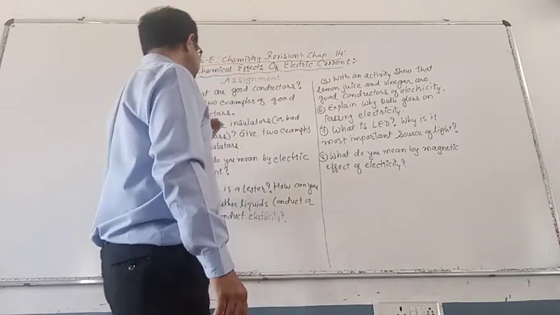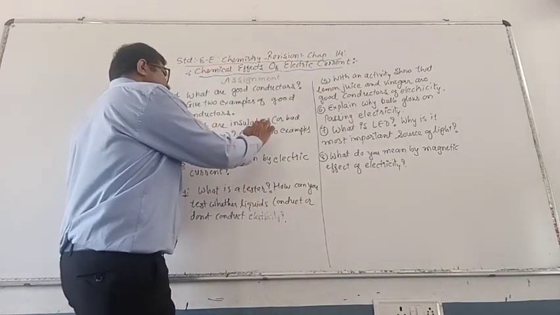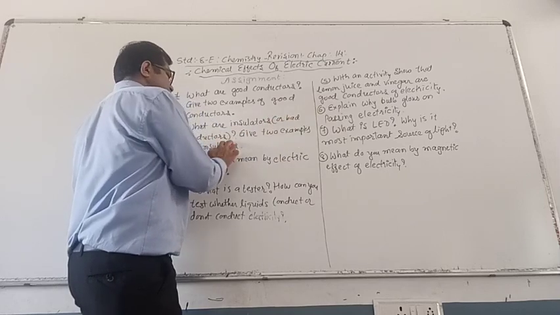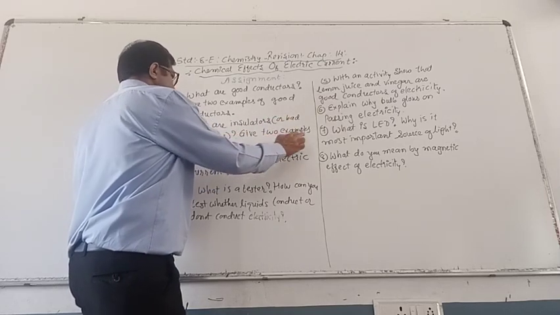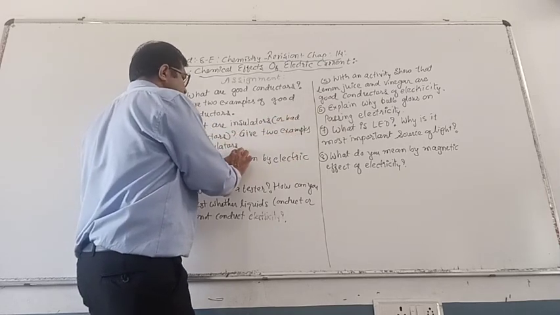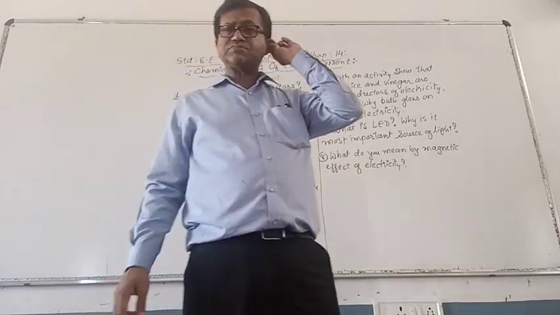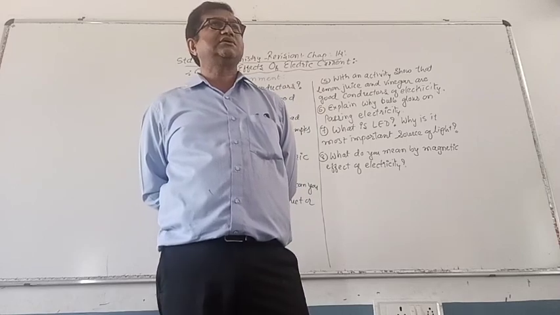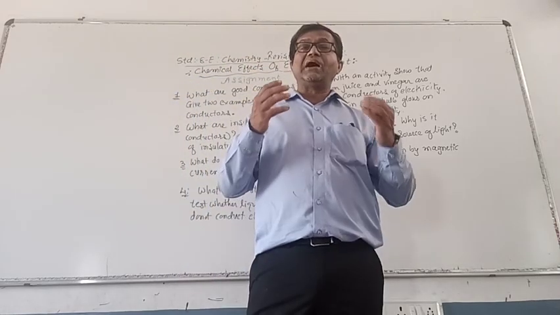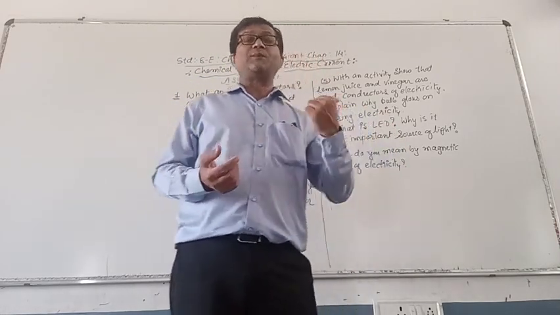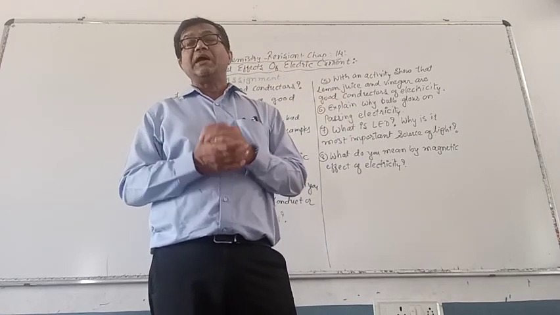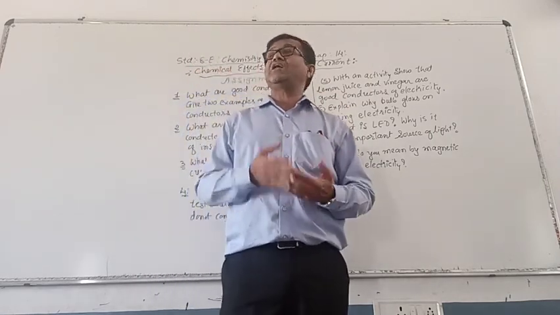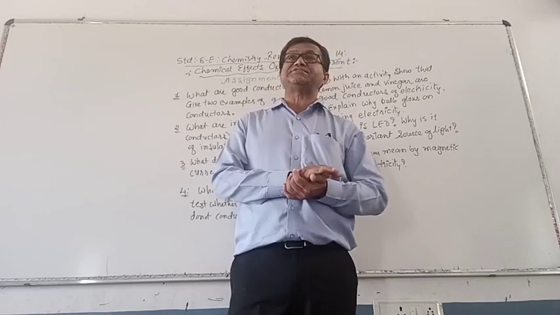The next question is, what are insulators or bad conductors? Give two examples of insulators. Insulators are those which do not allow the electricity to pass through them, and therefore they are known as insulators.